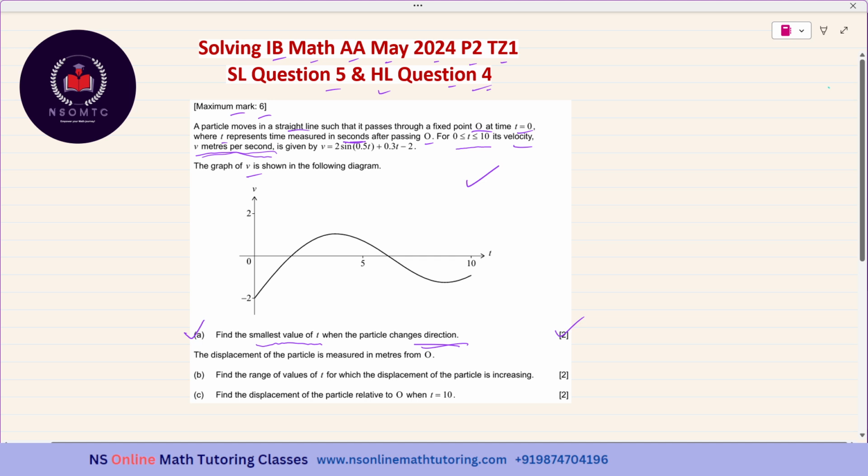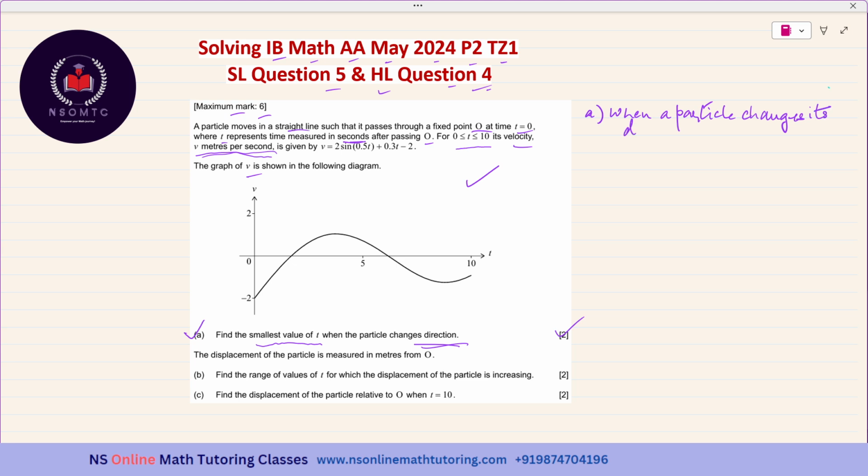When the particle changes direction, we know the velocity of the particle becomes momentarily equal to 0. So when the particle changes its direction, v is equal to 0.